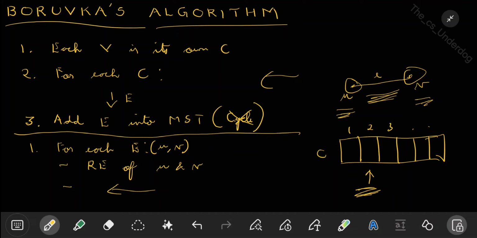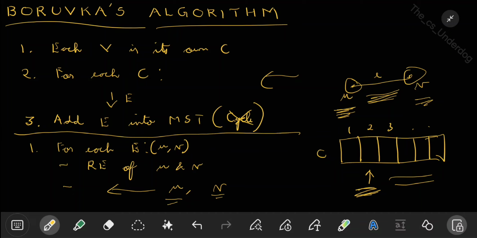You will change the entry corresponding to U. The same work you have to do for V as well. So for U and V, you will update this array called cheapest. What will this tell you? Till this point, among the edges you have visited, this is the smallest edge that is going out of the component which is containing U. This is the point that you get.